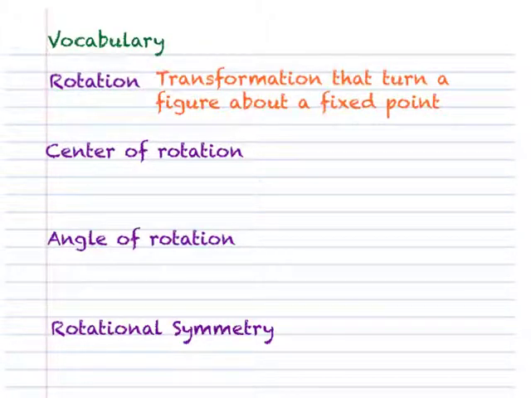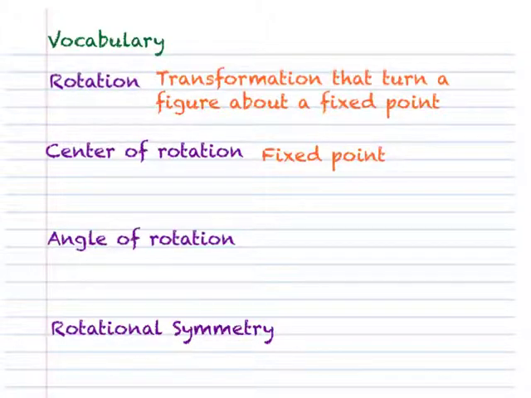Now, speaking of that fixed point, that is also called our center of rotation. So when I'm talking about the center of rotation, I'm actually talking about that fixed point that I'm rotating it around. The other vocabulary word that we want to discuss is the angle of rotation.